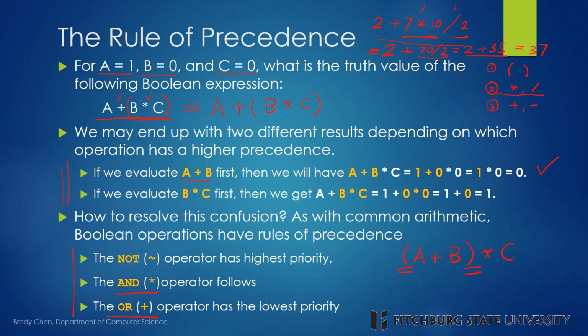On the other hand, if you evaluate B and C first, and then evaluate the OR operation, you got 1. Now if there's no parentheses, this second one is the right order, because this AND operation has a higher precedence than the OR operation.